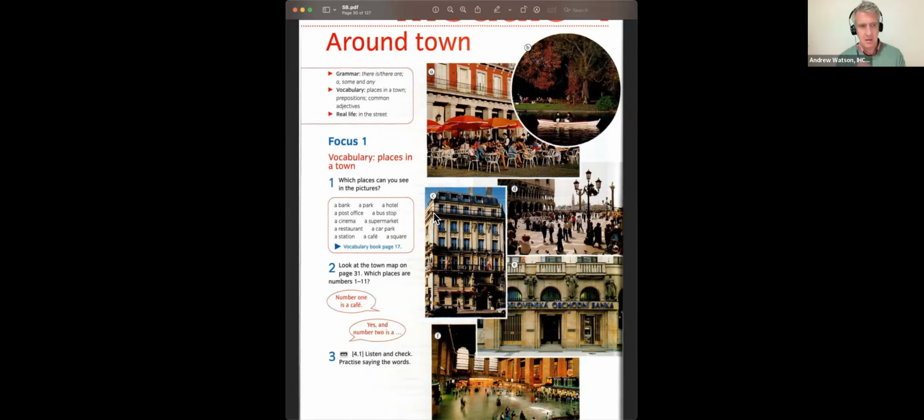Maybe you could have labels, movable labels or stickies like on a Jamboard, and they can move the stickies. Like, okay, so which is the bank? Okay, so they've got to move the sticky to the bank. You could do this in pairs, or you could do it open class altogether for the lead in. I think it's all right to do it open class for the lead in.